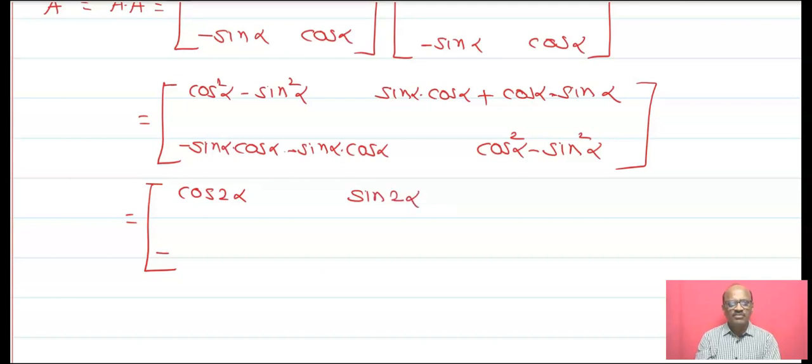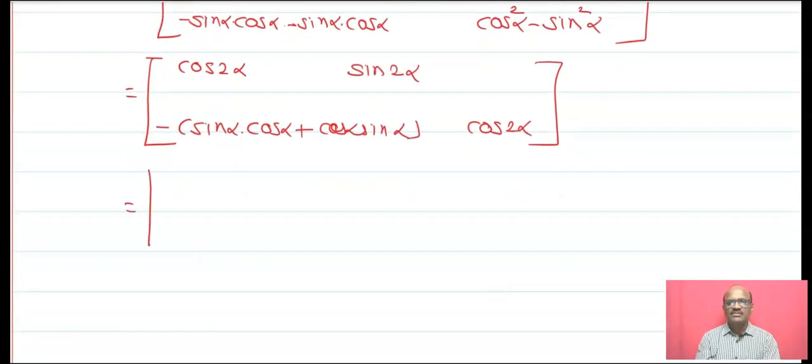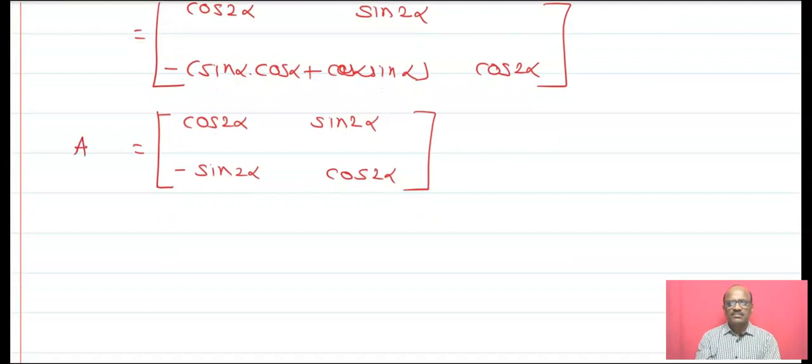You can remember the formula, cos square alpha minus sin square alpha is cos 2 alpha, next is sin of 2 alpha, take the minus sign common, and next is also cos of 2 alpha, and that's why you are getting cos of 2 alpha sin of 2 alpha minus sin of 2 alpha and cos of 2 alpha. Hence it is proved.